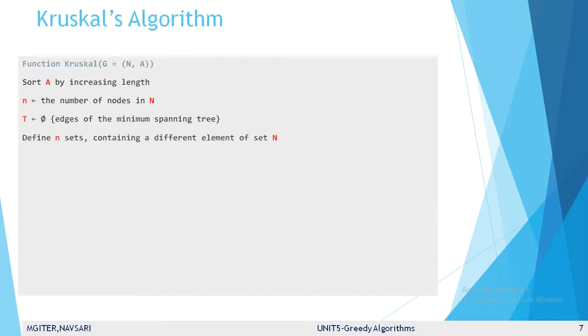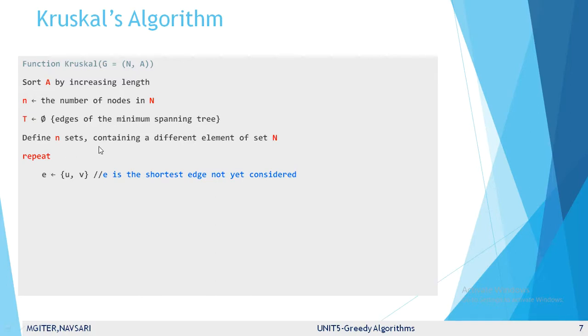Now see the algorithm of Kruskal's algorithm. First of all, sort the edges A by increasing length. N is the number of nodes in the given graph, and T is initially empty, which will contain the edges of the minimum spanning tree.